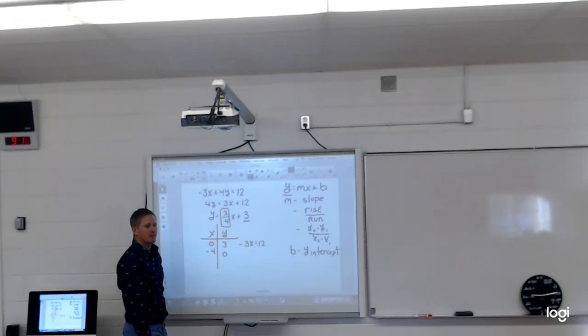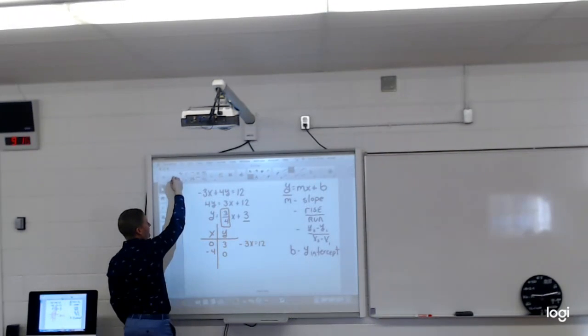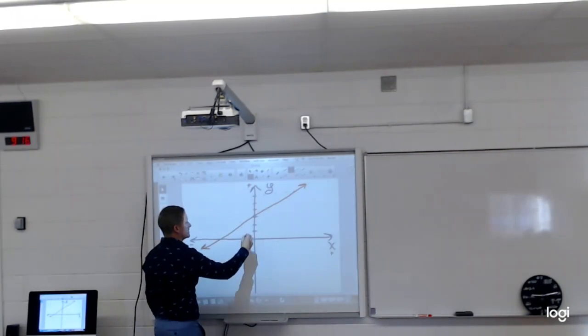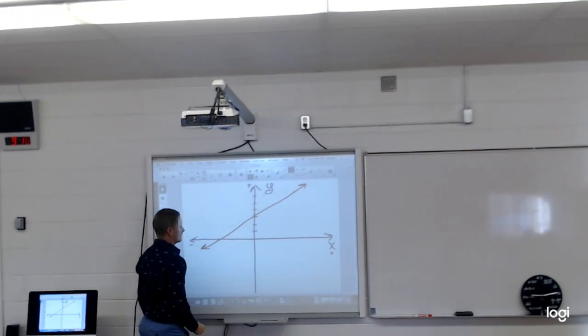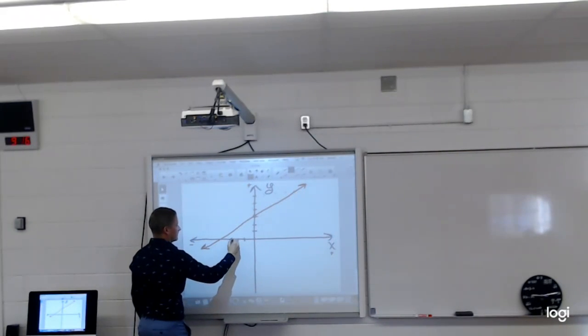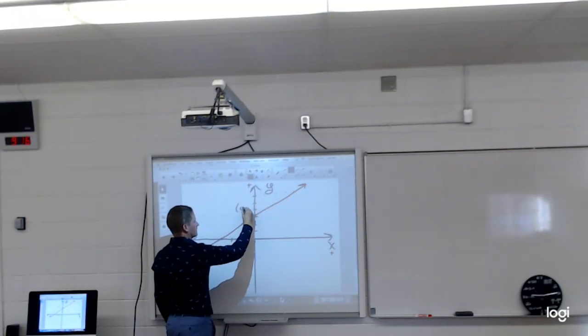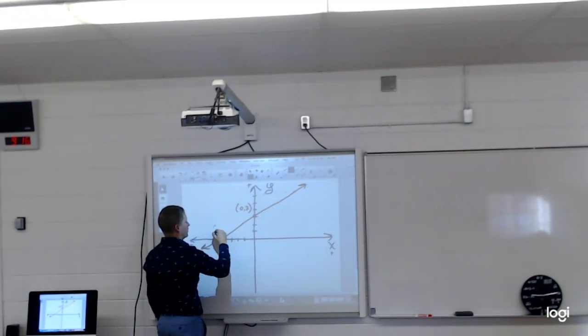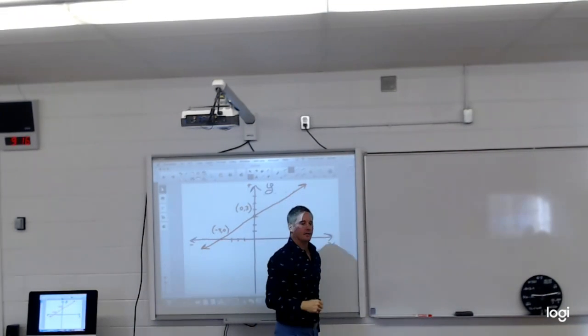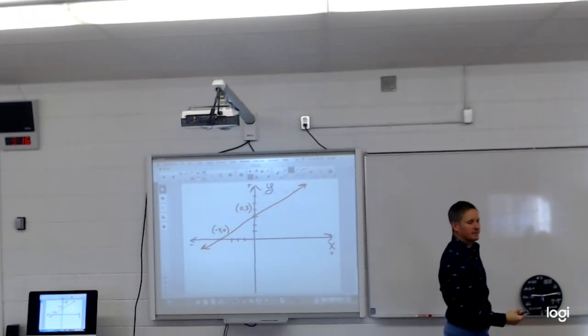So now I'm going to mark those 2 coordinates on my graph and draw a line through them. Here's 0 and 3. There's negative 4 and 0. There's 2 coordinates. And I draw my line between those 2 coordinates.